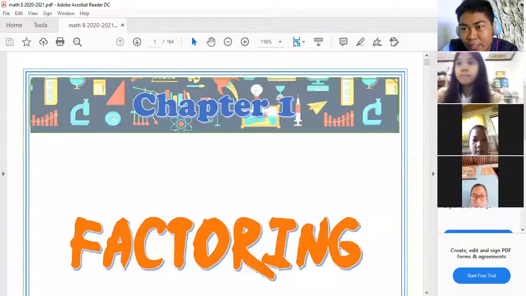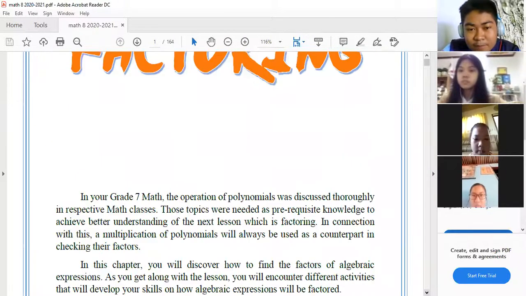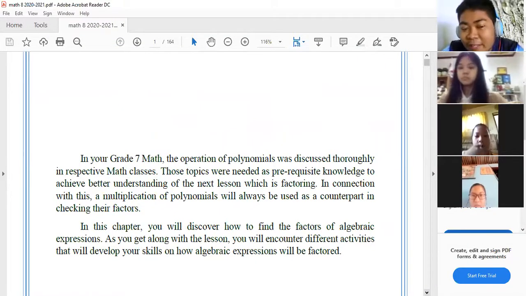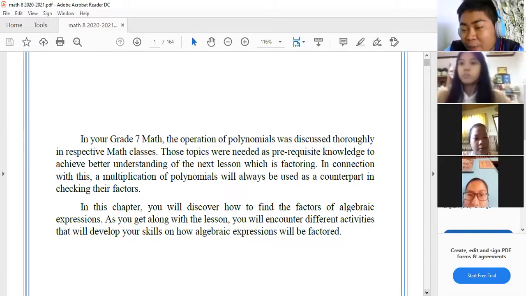So, our lesson is all about factoring. In your grade 7 math, the operations of polynomials have been discussed thoroughly. Those topics are prerequisite knowledge.